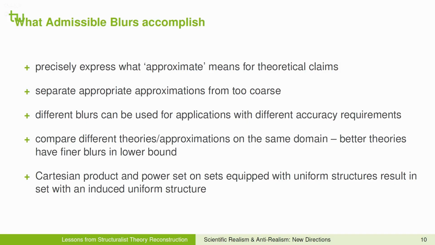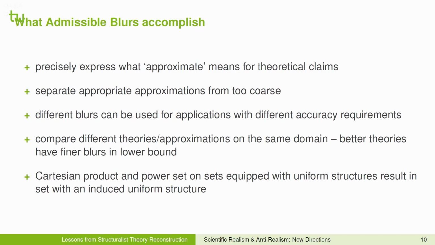On the other hand, since I do not just define one blur, but a set of admissible blurs, we have the possibility to use different blurs for different applications. For example, in some applications I need very precise values in the high domain, and I don't care so much about the lower domain.